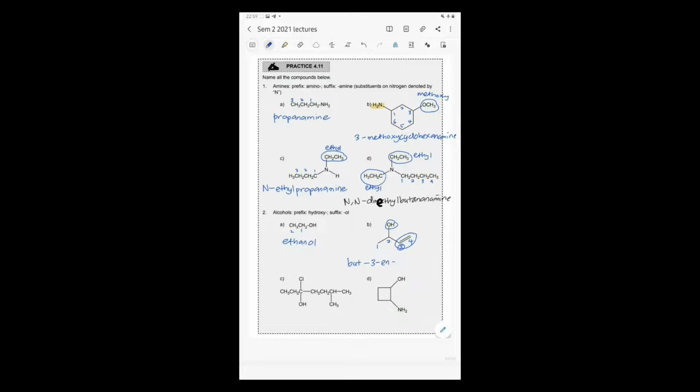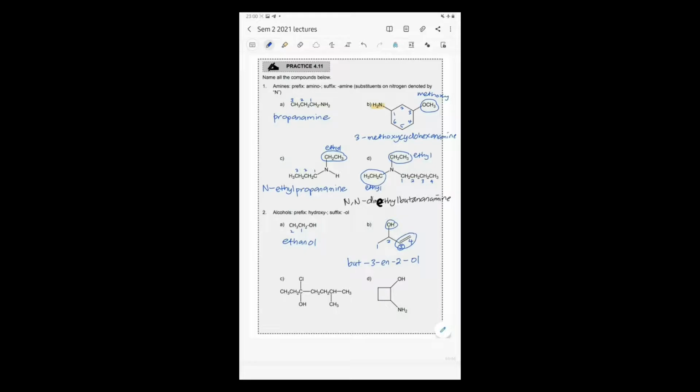And then the position of the OH: 2-ol. So but-3-en-2-ol is the name. You can refer to the video of the workshop if you want to know the other name of it. I'm just going to discuss briefly about the answer.